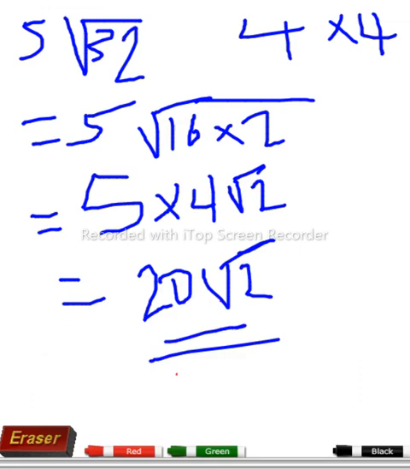So 16 will be a perfect square, and it will be 4 when going out of the square root. So 5 is already given. 5 times 4, 20. 20 square root of 2. This is the final answer after simplification.